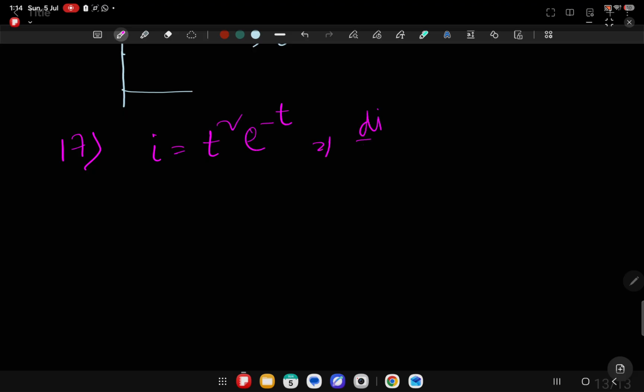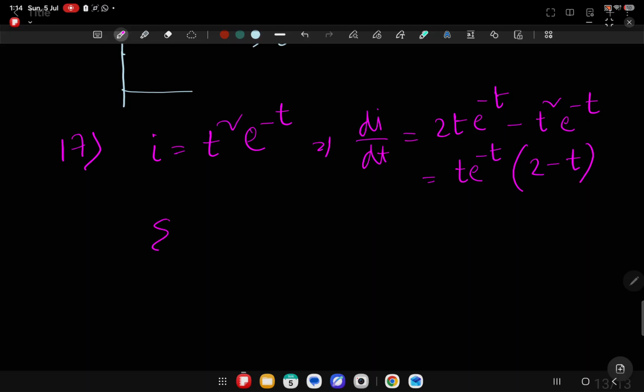So di by dt will be 2t e to the power minus t, plus, or rather it will become minus, t square e to the power minus t. So take e to the power minus t common, so it would become t(2 minus t).